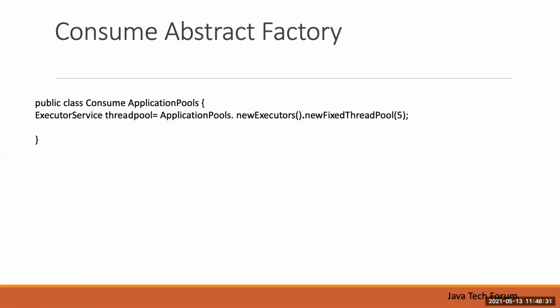So I'm using this factory, and then creating the thread pool instance. It's a two-step process. So basically it's the abstract factory, nothing but a factory of factory classes.